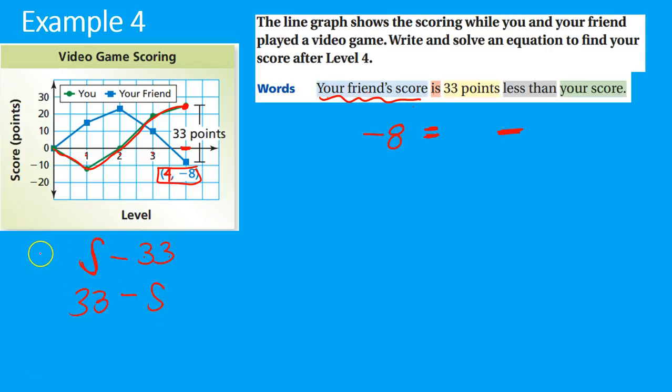It should be this first one, because look at the sentence. Your friend's score is 33 points less than your score. Well, here is your score, S. We want 33 points less than that, so it should be S minus 33. Again, that says your friend's score, -8, is 33 points less than your score, and your score is S.